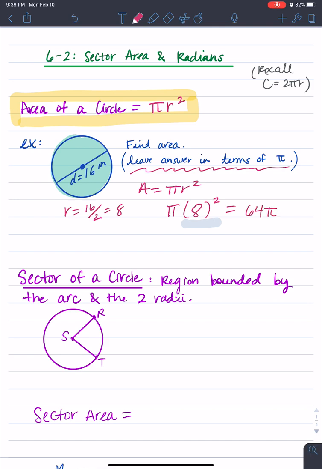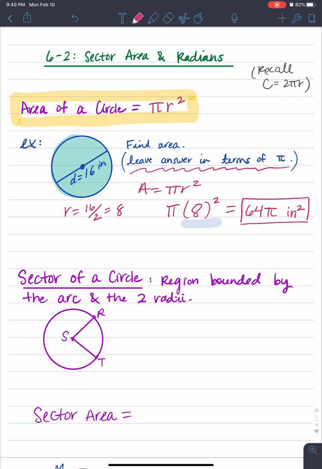One last thing before we finish this problem is the units of measurement. Don't forget. So we have inches, and when we talk about area, we always say the units are squared. So 64 pi inches squared. And that's my answer.